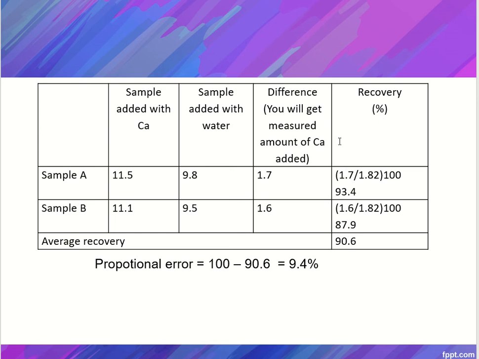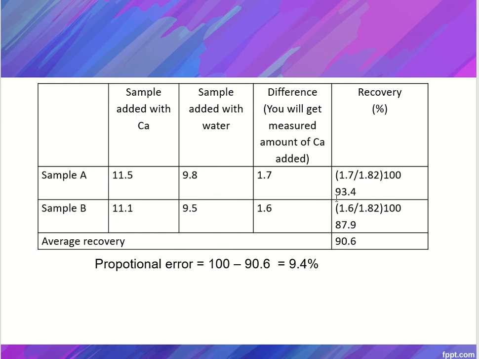After that, you calculate the recovery. Take 1.7 and divide by the actual amount of calcium added, which I showed in the previous slide, which is 1.82 milligram per deciliter, and multiply by 100. You make it a percentage.